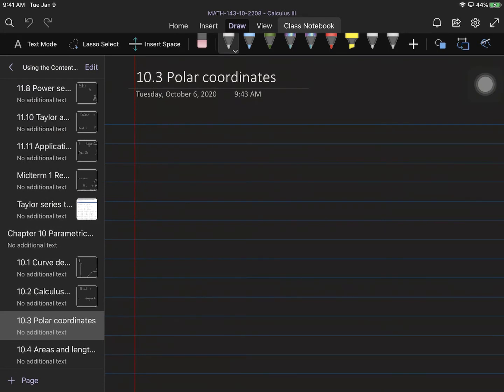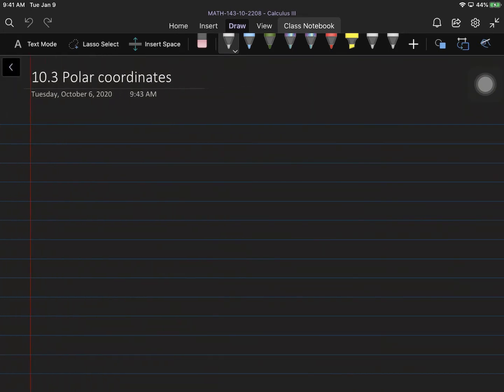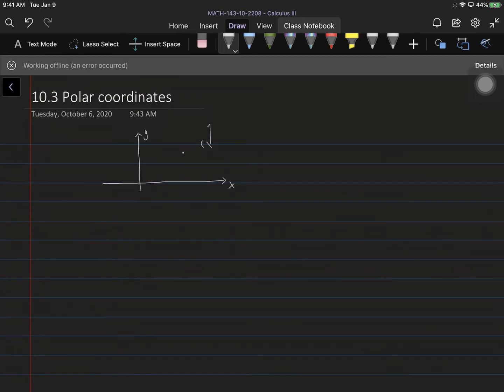Okay, so firstly, I'm going to give you a little bit of an idea what polar coordinates are. For a given point in Cartesian coordinates, the coordinate is given by x and y, right?